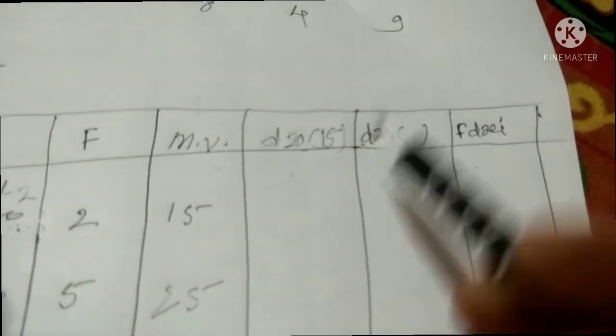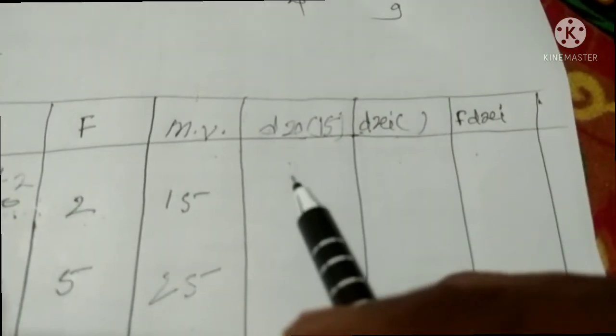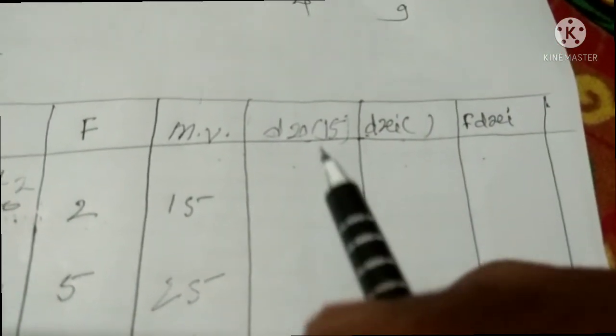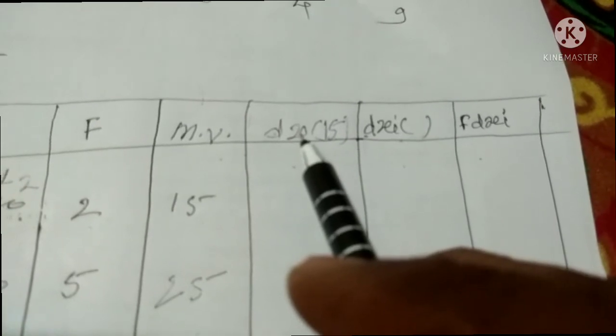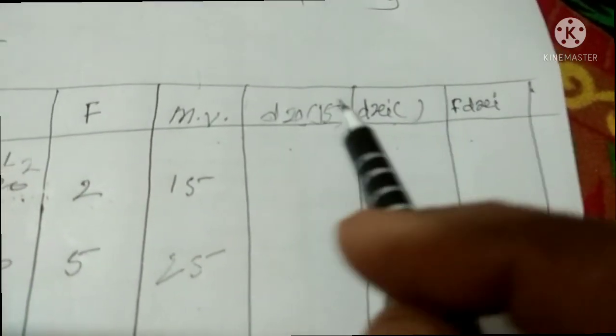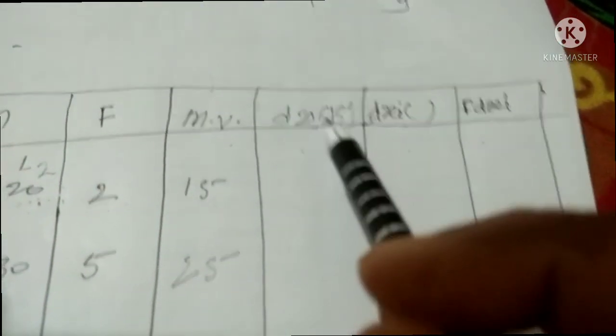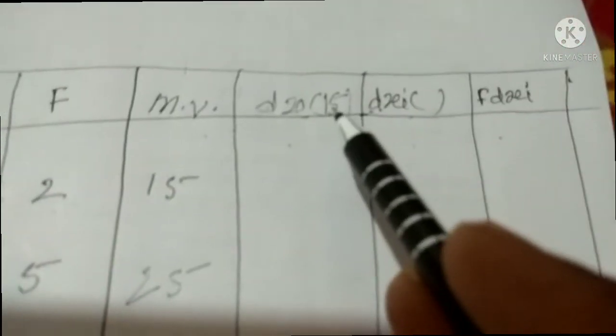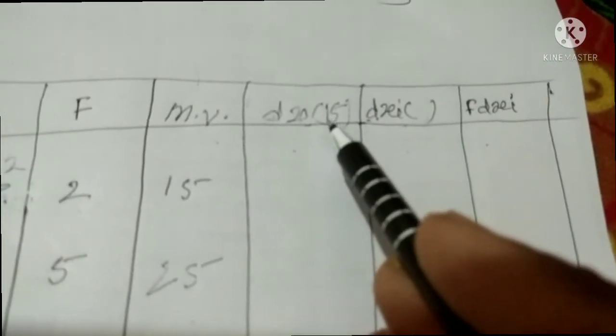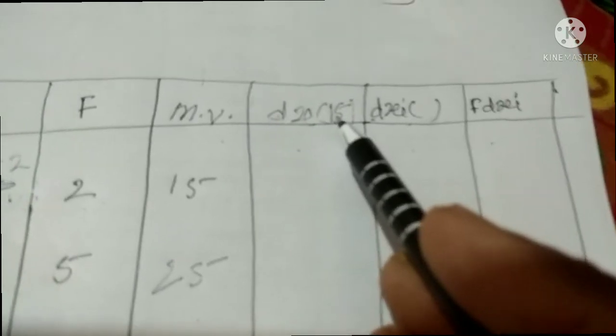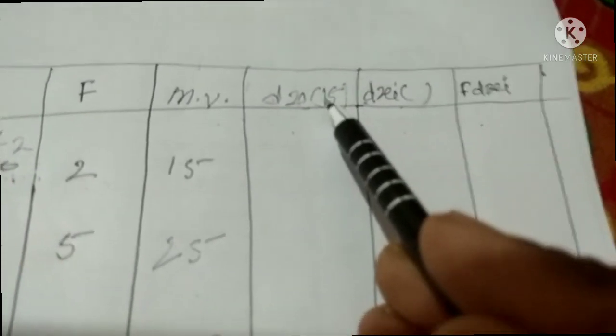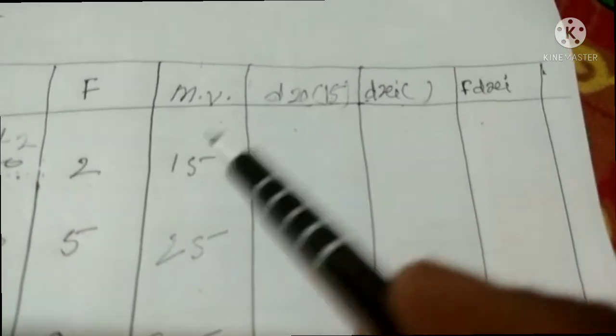Already we have learned in the discrete series how the DX series is prepared, how the DX series is made. So this figure, we have taken here 15. This 15 must be subtracted from every figure of the MV series.